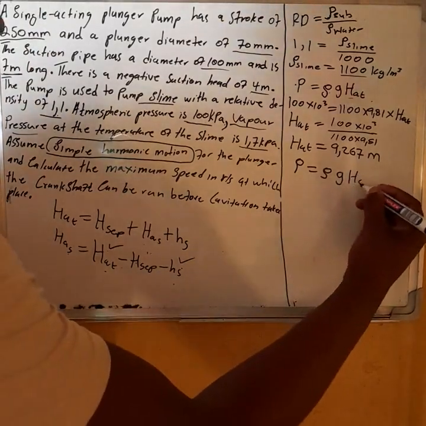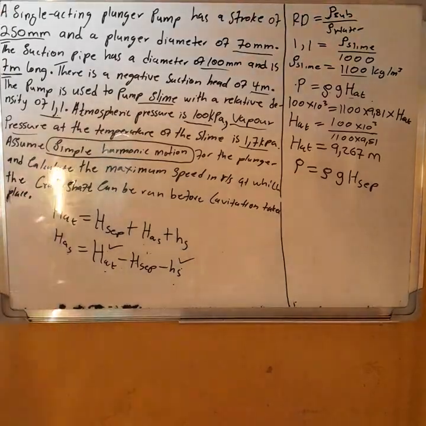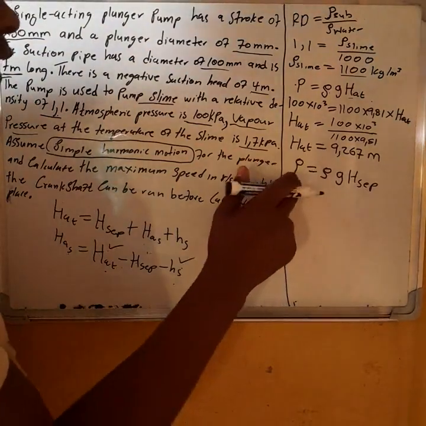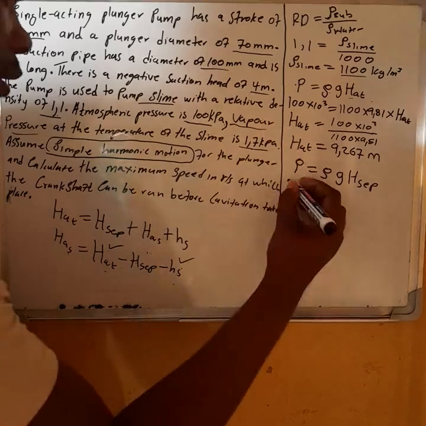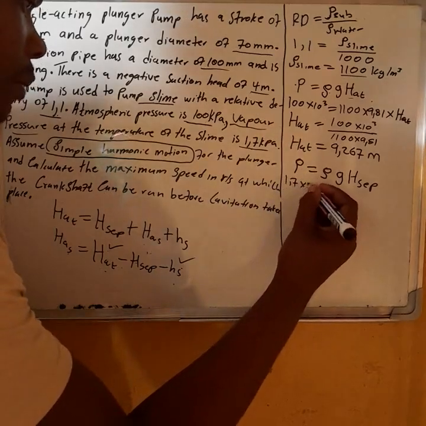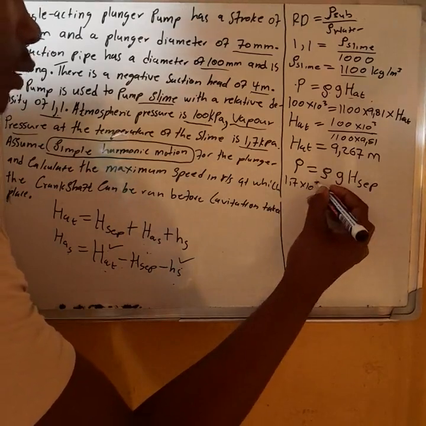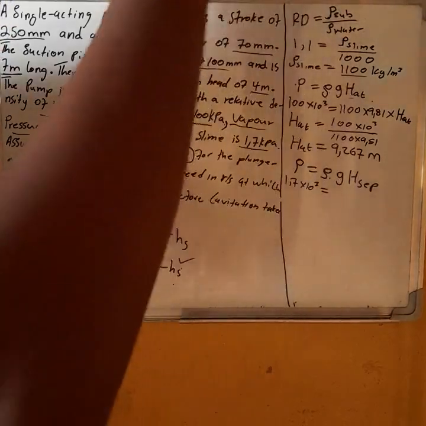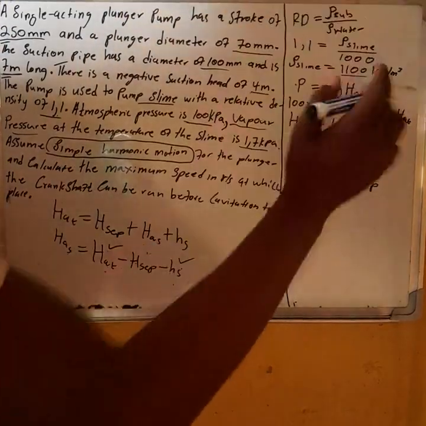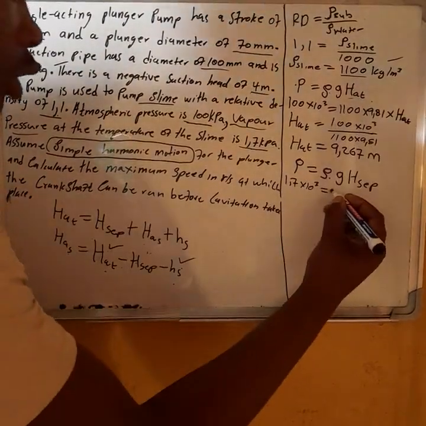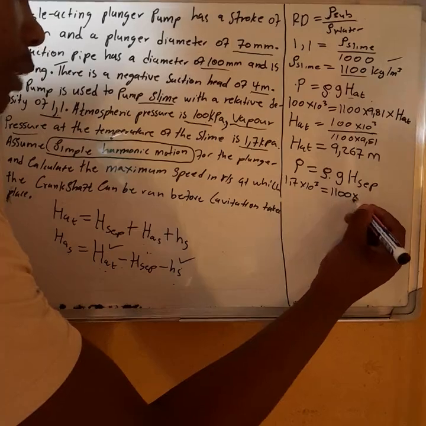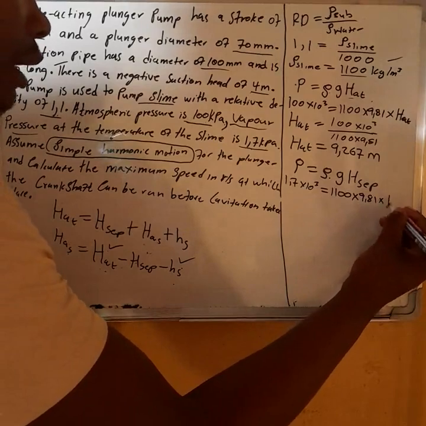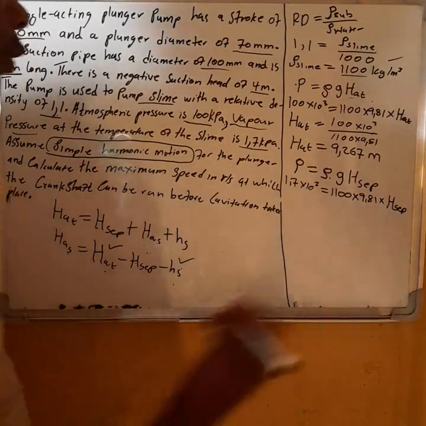You want the H_sep, so we can make it the subject of the formula. The pressure they have given us is 1.7 multiplied by 10 to the power 3. This is the same liquid throughout the pump, which we calculated from here. Substitute 1100 multiplied by gravity 9.81 multiplied by H_sep.